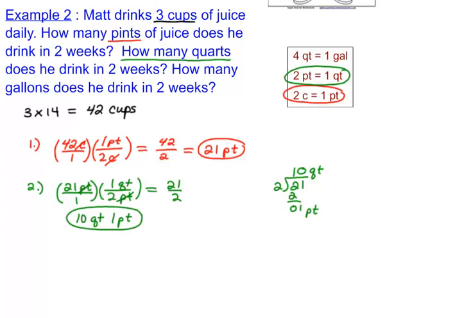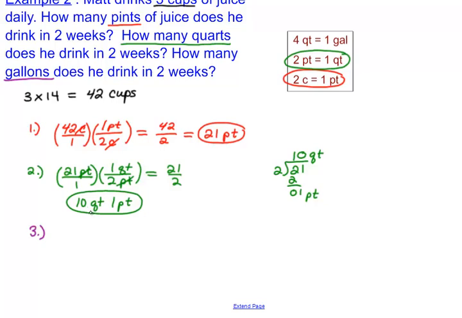And now our last part of the problem is we want to go to gallons. So when I go to gallons, I'm not going to deal with the pints, I'm going to deal with the quarts. So I have 10 quarts over 1. And I know that there's 4 quarts to a gallon, so 1 gallon is equal to 4 quarts. That'll be my ratio.